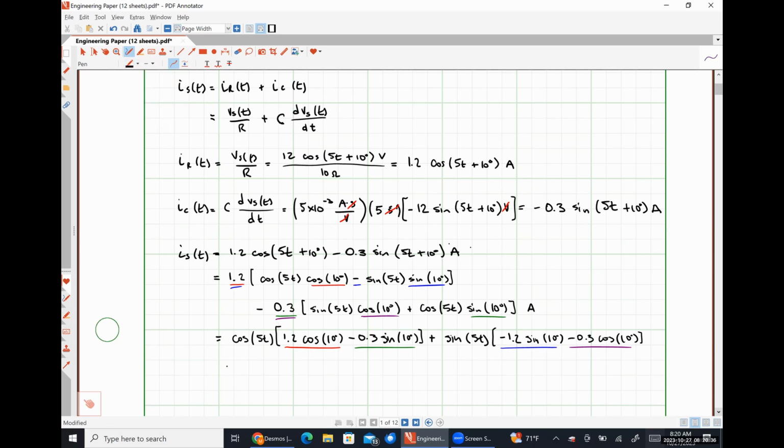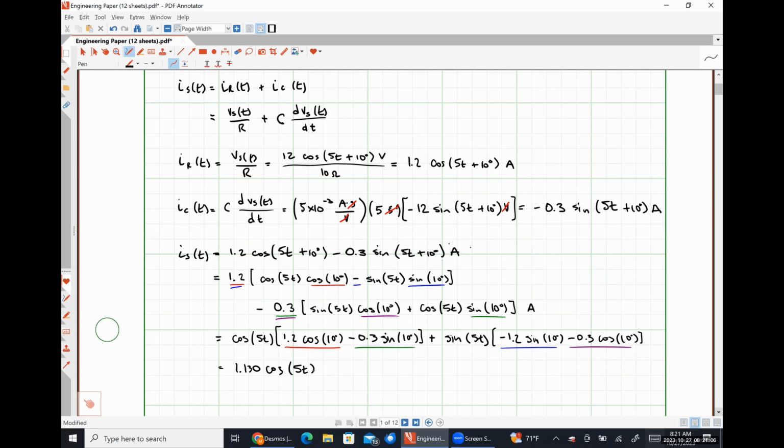So now we can simply put 1.2 cosine of 10 degrees minus 0.3 sine of 10 degrees in our calculator, and I get 1.1296. So let's call that 1.130 cosine 5t.